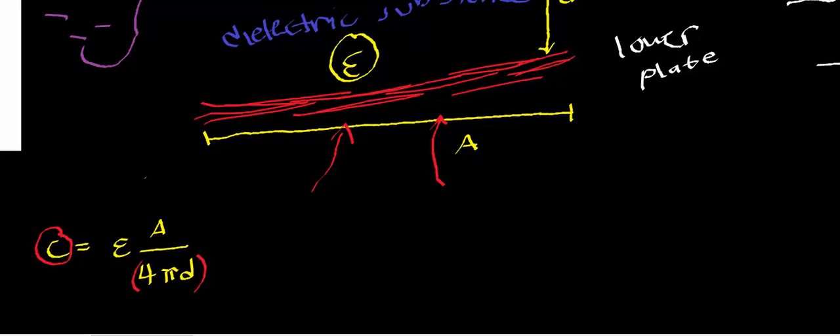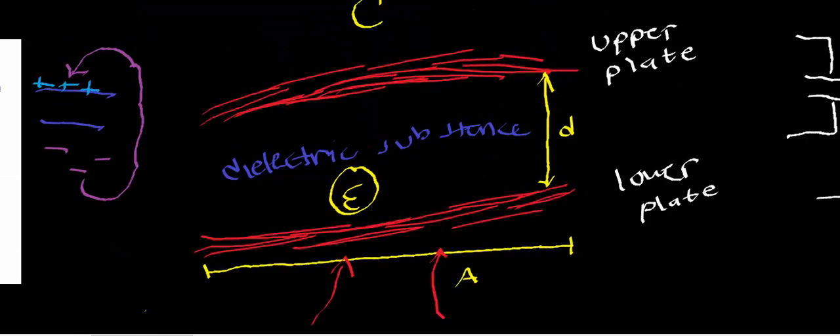But the capacitance is inversely proportional to the distance between the plates, and I think that makes sense, right? If you have two plates that are farther apart, the electrons that reach the lower plate don't have as much repulsion to the electrons on the upper plate, right?